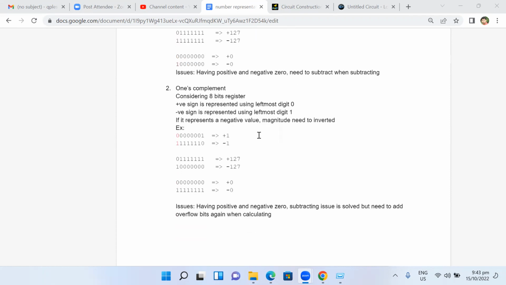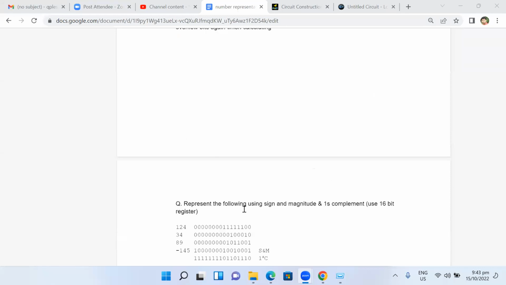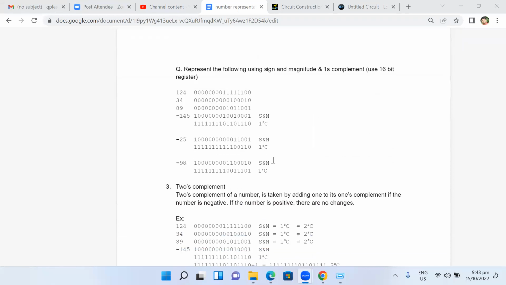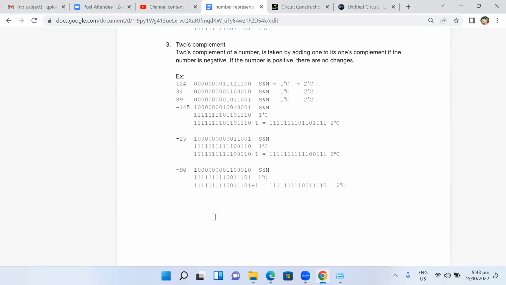Then in one's complement, the subtraction issue is solved, but you still have positive and negative zeros. But in two's complement, both the positive and negative issues are solved. It only represents positive zero. No subtraction issues.